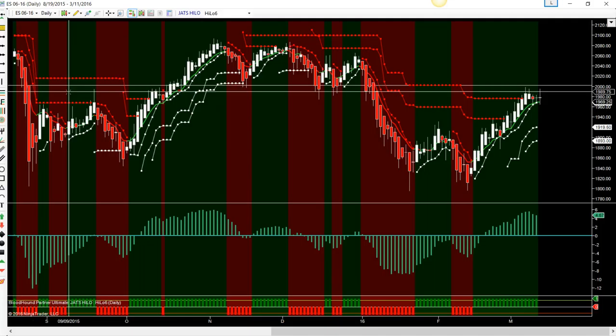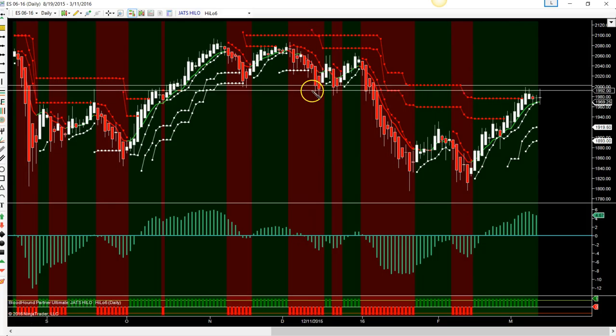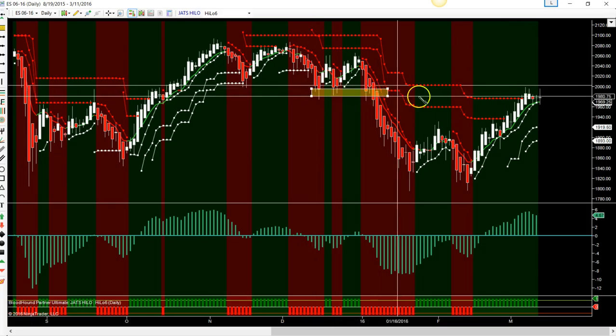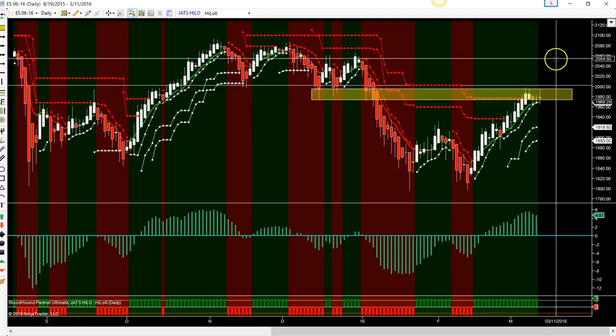The valuations are extremely stretched, and they've been running on QE juice. We are at resistance, and we haven't been able to close above it to seal the deal.